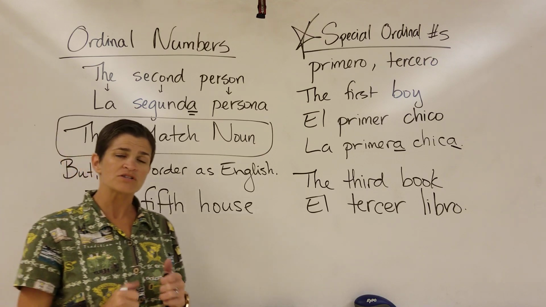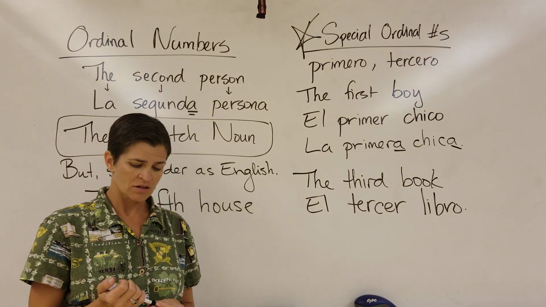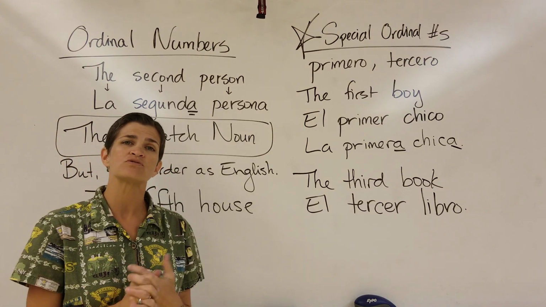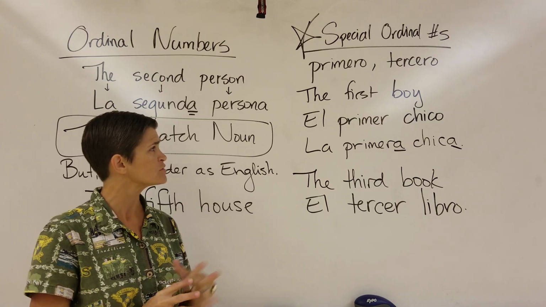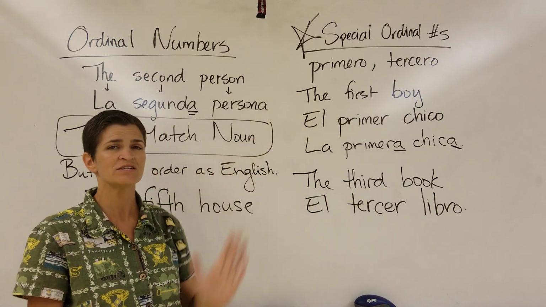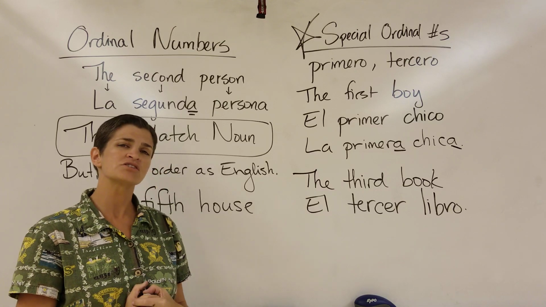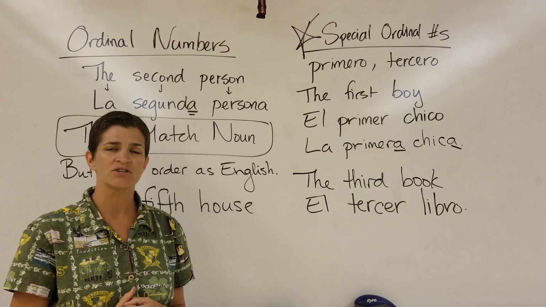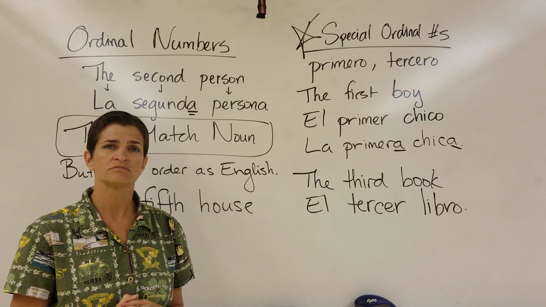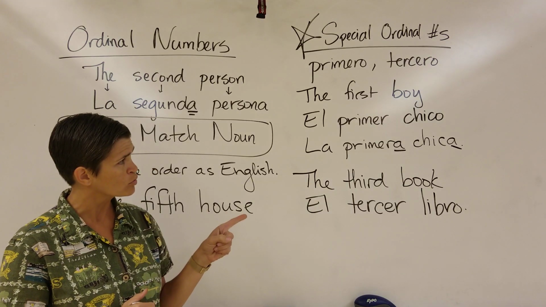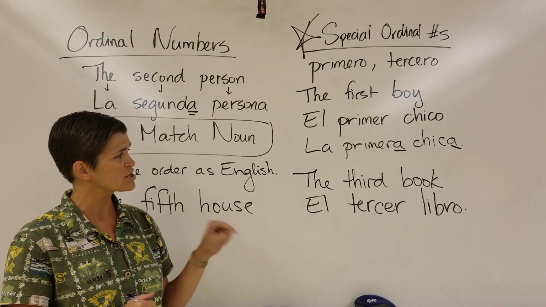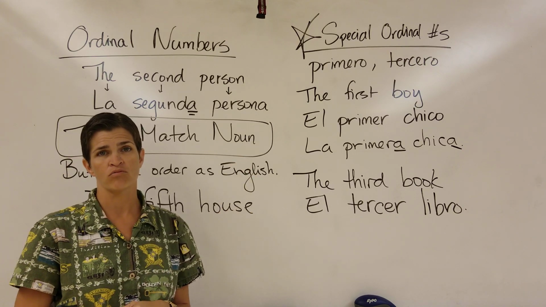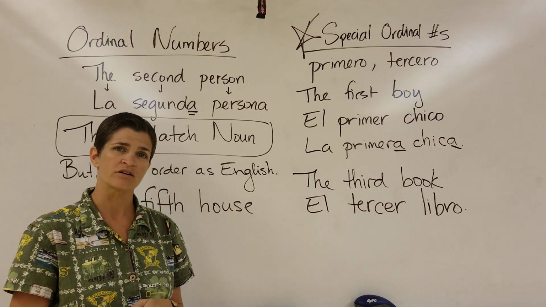The last thing I want you to write on your notes, and this is very important because it's going to help us remember these ordinal numbers and the rules for the special ordinal numbers. Please write this down. First and third, drop the turd. So the turd is the O, and first and third are going to drop that O when they're in front of a masculine word.